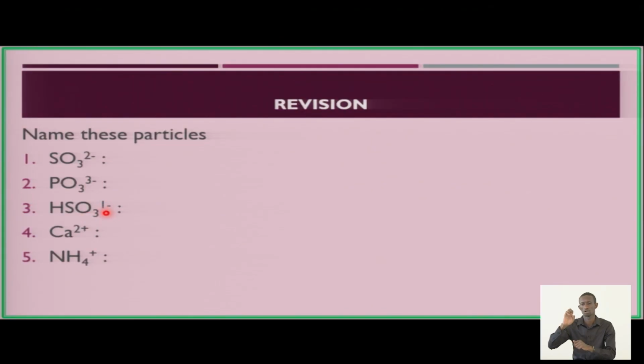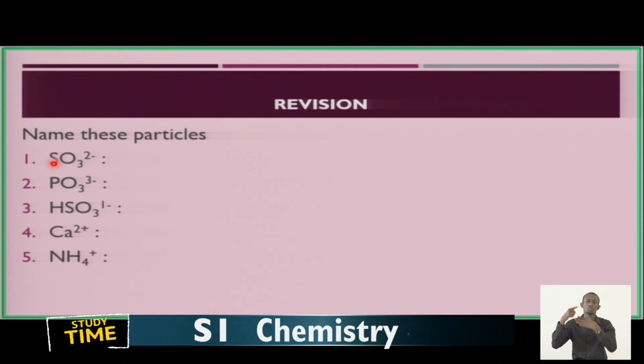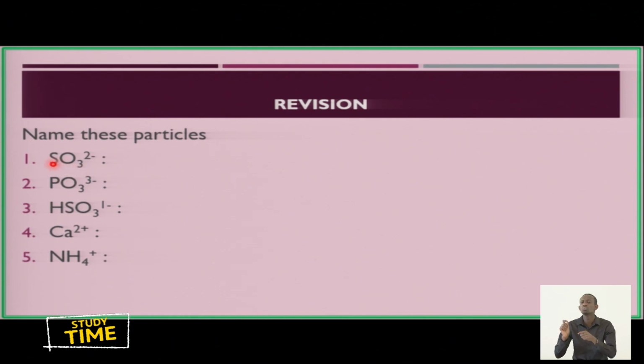And the next particle is HSO3 1 negative. We've seen that, you can see this particle is derived from the first one. Here we have added a hydrogen atom and the charge has increased by 1 from 2 negative to 1 negative. And what will be the name?